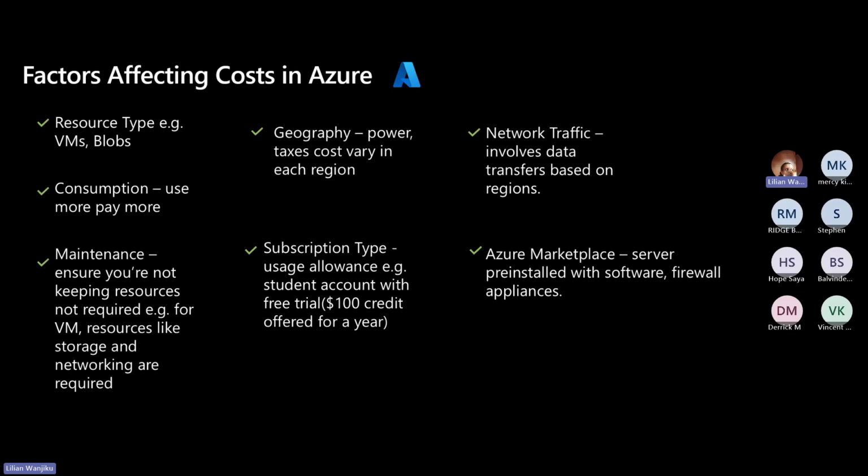I think the most expensive geographical place is Brazil South. So you can check on that. I think we're going to check on that using a certain tool in Azure. And for subscription type, it's the subscription that you've chosen. For some of us, we have the student account connected to our Azure portal. For that, you have been given a credit, $100 for a year.